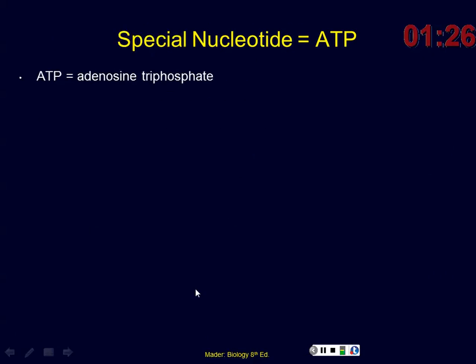Okay, let's move on to our next nucleic acid. ATP, a very special nucleotide. It's called adenosine triphosphate. ATP. It is a nucleotide.